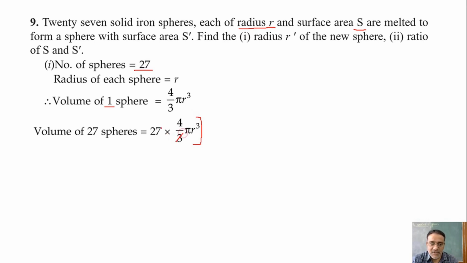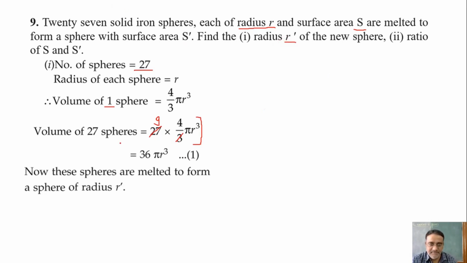So this also we can cancel. 9 into 4, 36. So we are getting 36 pi r cube. Let it be equation number 1. Okay. Now these spheres are melted to form a big sphere of surface area s dash, and the radius is given here as r dash.